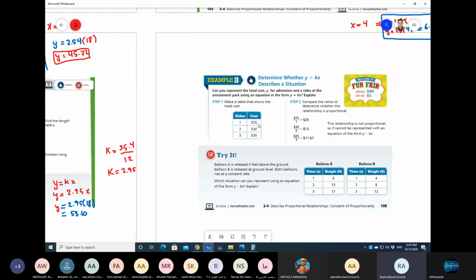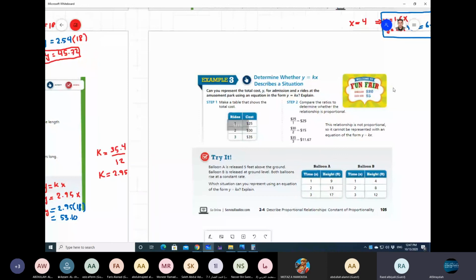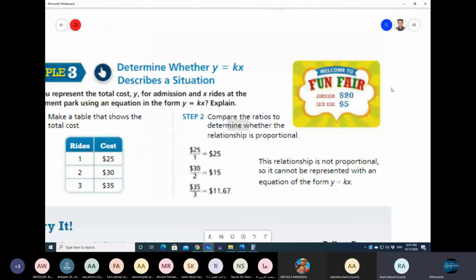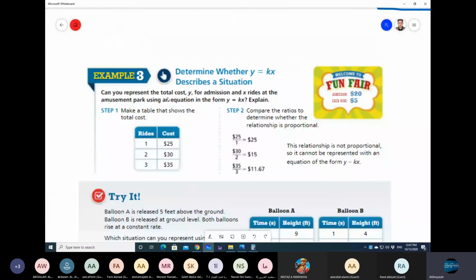Can you represent the total cost y for admission and x rides at the amusement park using an equation in the form y equals kx? Explain.